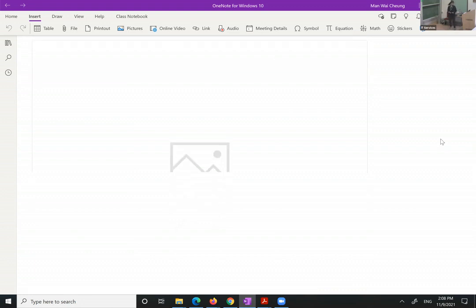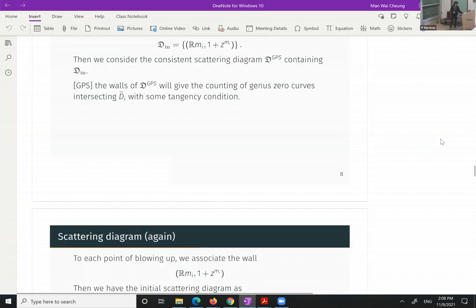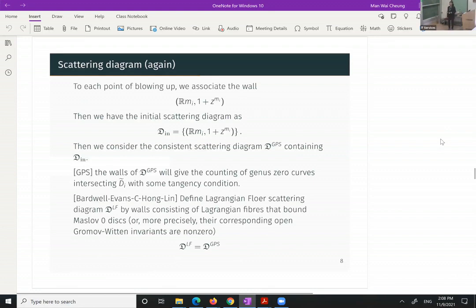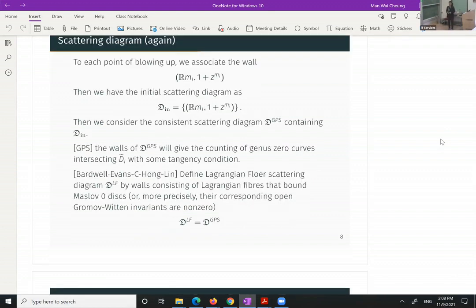The next thing we should be doing is going back to the cluster algebra setting. Gross-Hacking-Keel give the algebraic geometric interpretation of the scattering diagram.